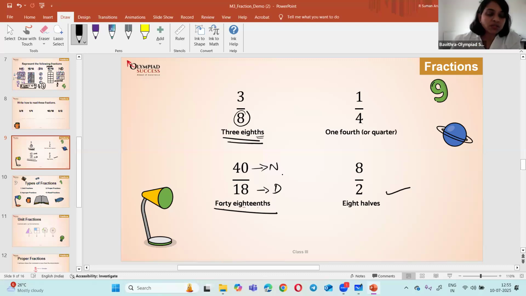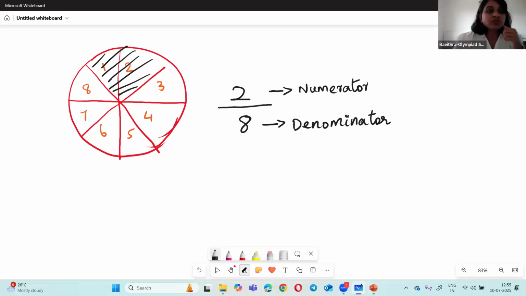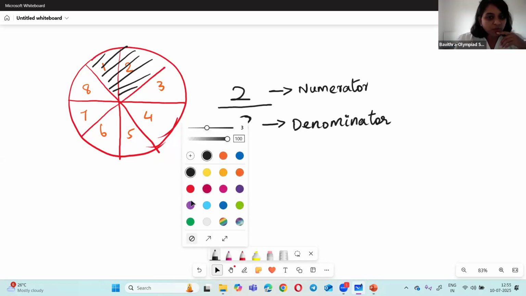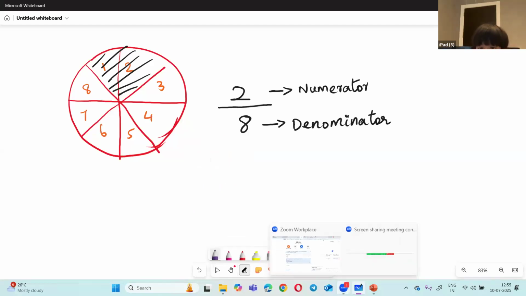So can you tell me what you learned in this class? Fractions. Okay. What did you learn in fraction? How to represent a fraction in an image. Right? Now I'm going to give you one very simple question, and then we are done. Okay?